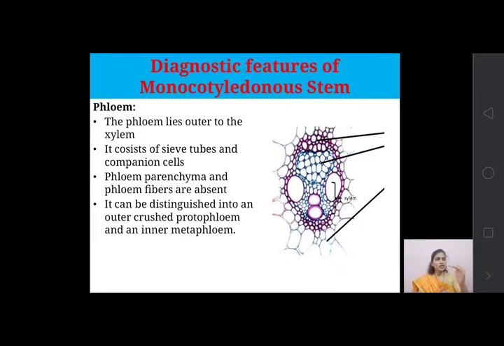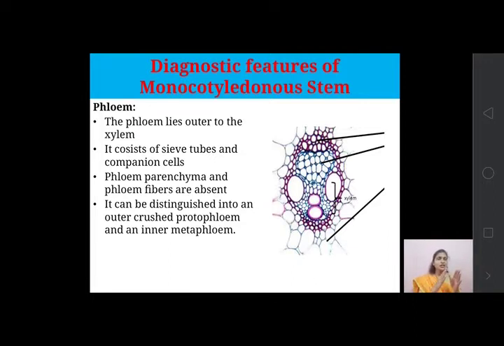The phloem is present just above the xylem. You can see in the figure that this phloem lies outer to the xylem, and it consists of sieve tubes and companion cells only.